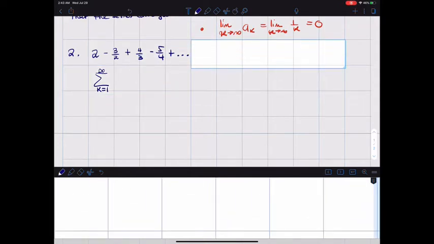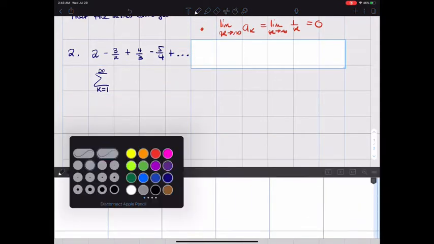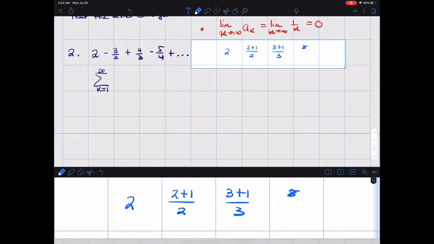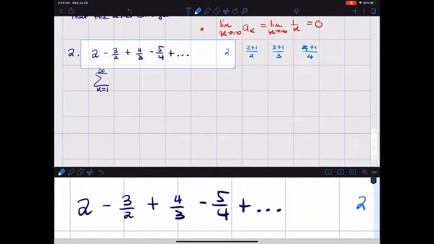So let's look at this. I want to take you through the thought process of this. So you have 2, and then you have 2 plus 1 over 2, and then you have 3 plus 1 over 3, and then you have 4 plus 1 over 4. So that's what we have here.